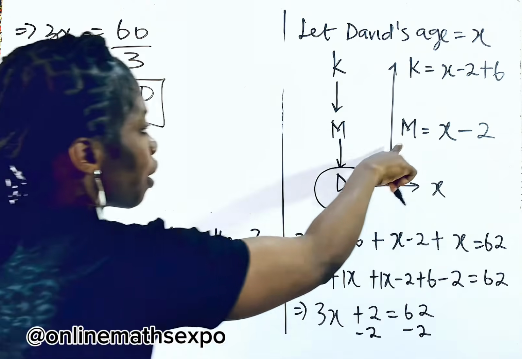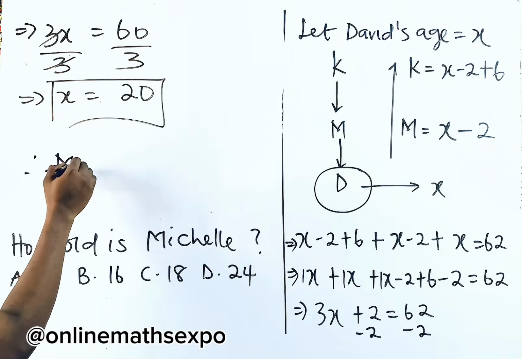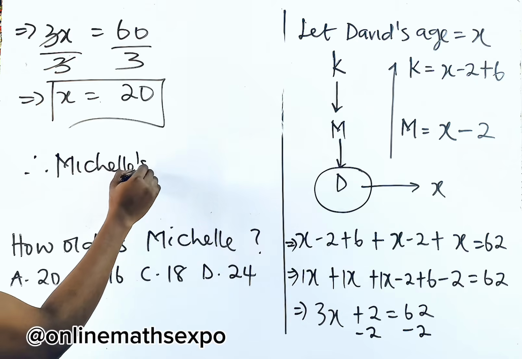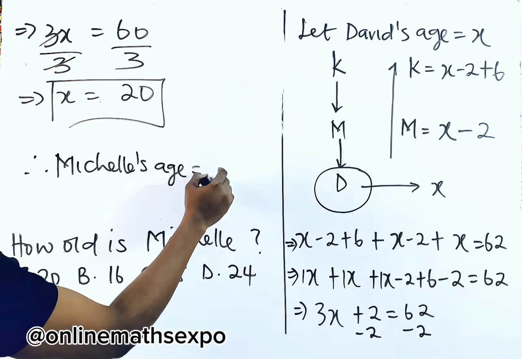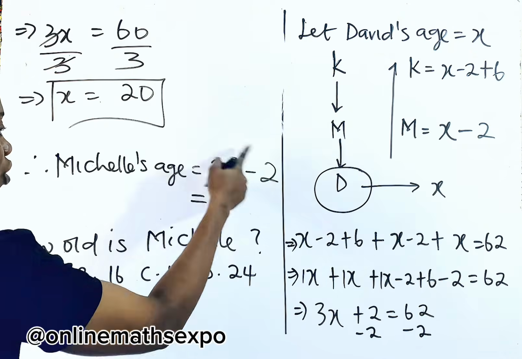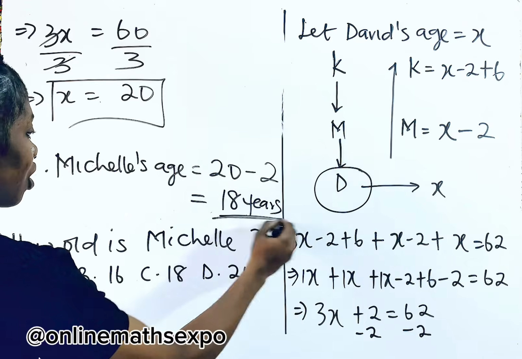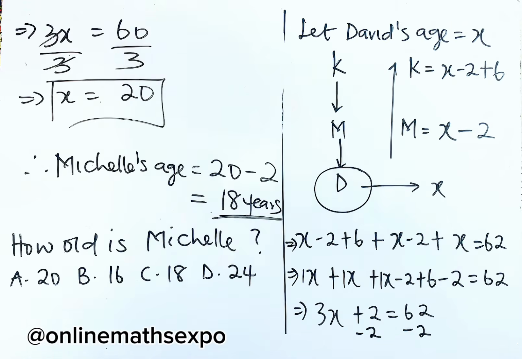And remember we said Mitchell is x minus 2. So Mitchell's age is going to be x, which is 20, minus 2. When you subtract this, it gives you 18 years. So Mitchell is 18 years old, and that is option C.